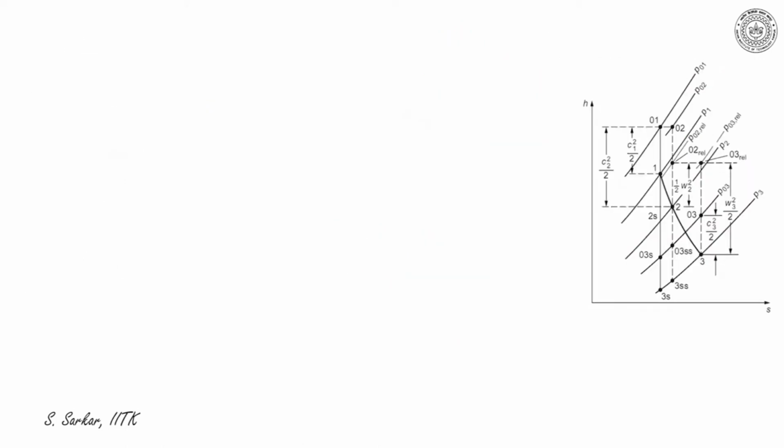Hence, from the inlet velocity triangle, I can write W theta 2 is equal to C theta 2 minus U. C theta 2 I have evaluated as 450.3 and U is given as 350 meter per second.